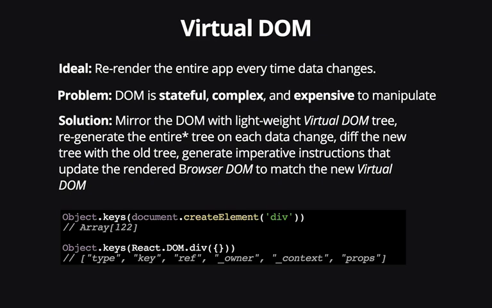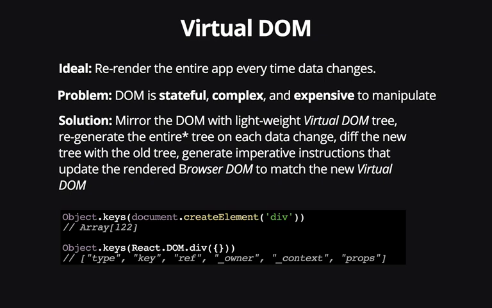So the ideal, we want to re-render the entire app every time the data changes. The problem is that DOM is stateful, it's complex, and expensive to manipulate. And that's why it's slow, because it's very complex and it's expensive to modify it. So if you look down there, you might not be able to read it unless you have the slides open.